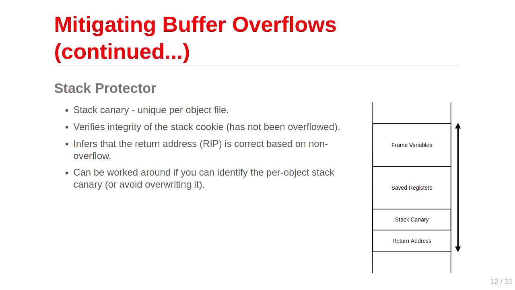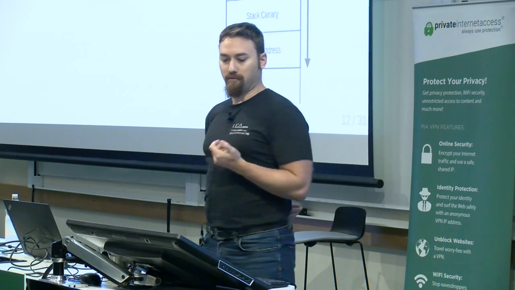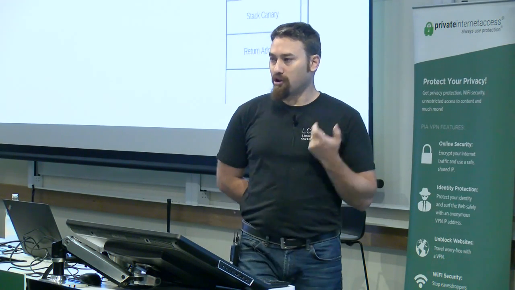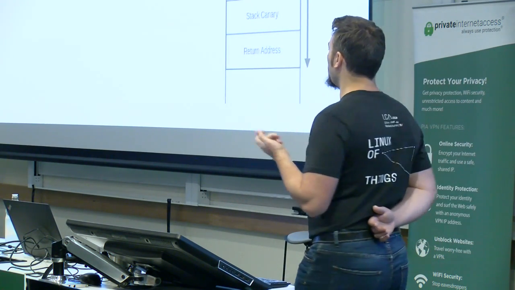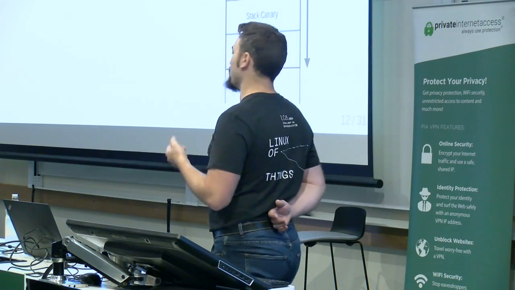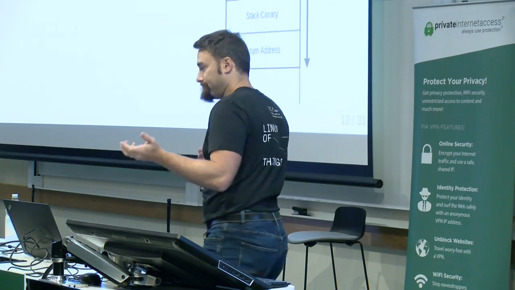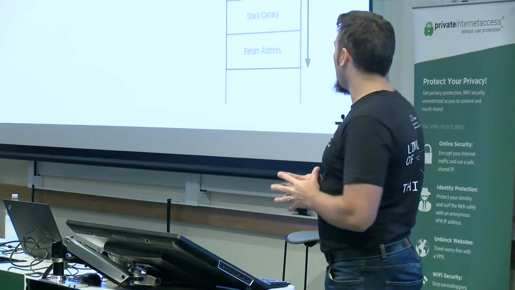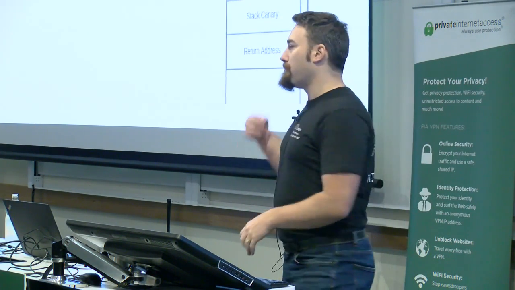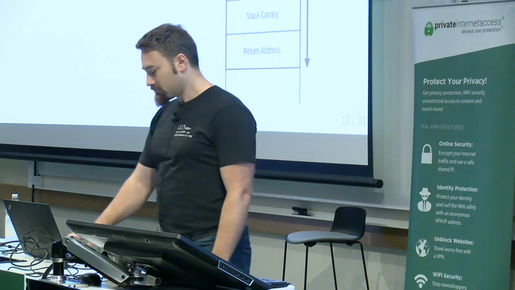If it's intact, then we infer that the return instruction pointer hasn't been overwritten and we continue on our merry way. Again, this can catch and prevent a large number of common attacks that we would be interested in preventing. But you can work around it. If you can identify the per-object value that's been written to all these functions, then obviously you can write it there yourself. Makes perfect sense. Or you can possibly avoid overwriting it, in which case, it's a non-issue either way. But again, we've raised the bar.